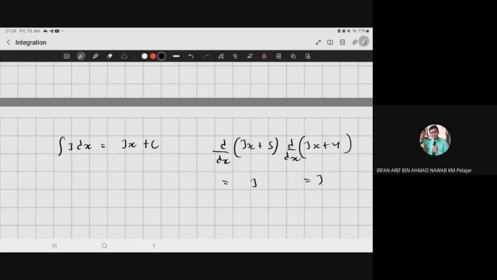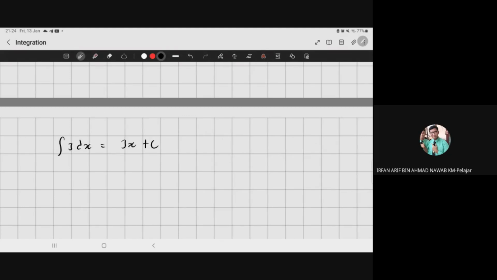So when you integrate 3, you could get a constant of 5 or a constant of 4. It depends on your limits, your lower and upper limit, if you want to find your c. That is one of the reasons why we have to add a constant to our indefinite integral. So that is nothing much to worry about.